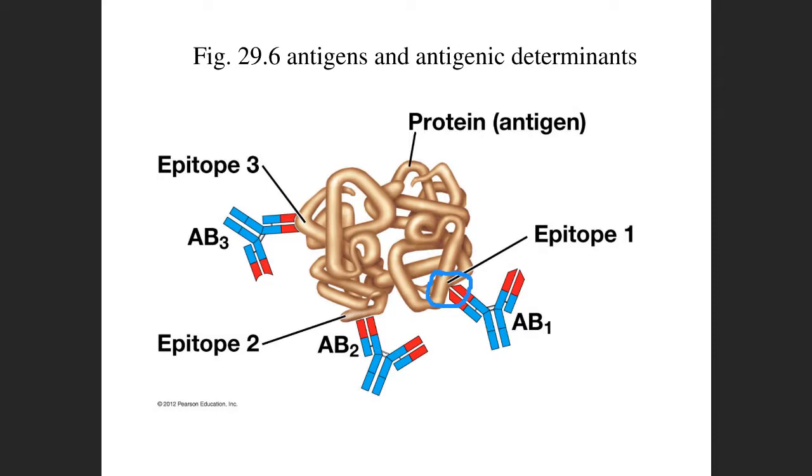And so when you inject a protein into an animal or us, you're going to elicit polyclonal antibody. Lots of B cells will recognize it and then produce lots of antibody. So you can have antibodies recognize different parts of the protein. Okay, so that's why it's important.